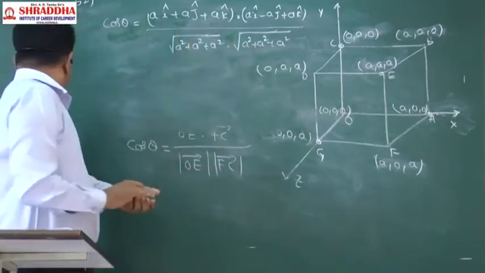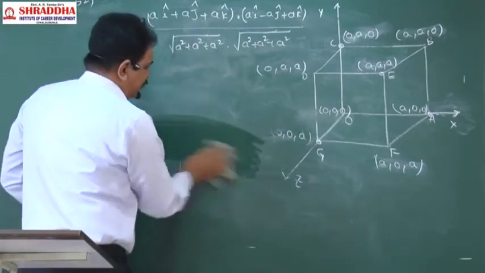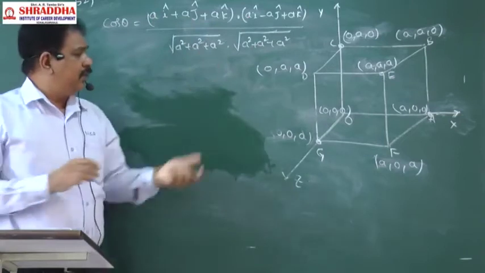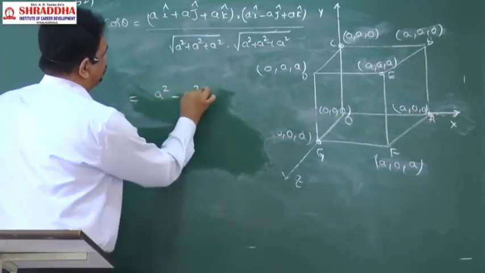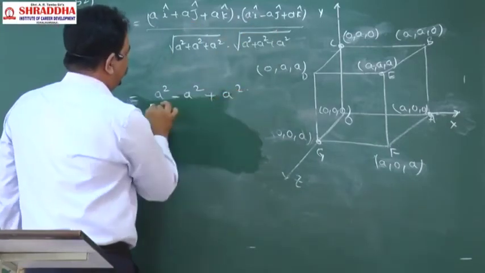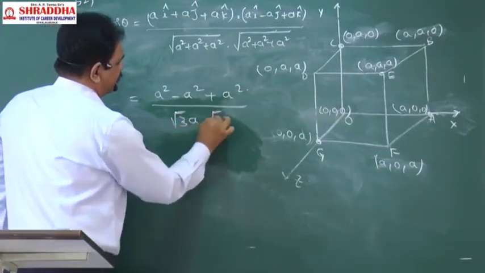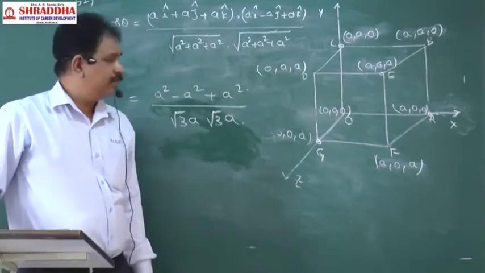So do the dot product between the two. What we will get there is a square minus a square plus a square. The denominator is root 3a times root 3a.